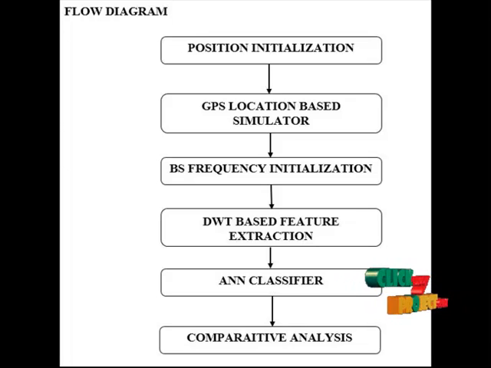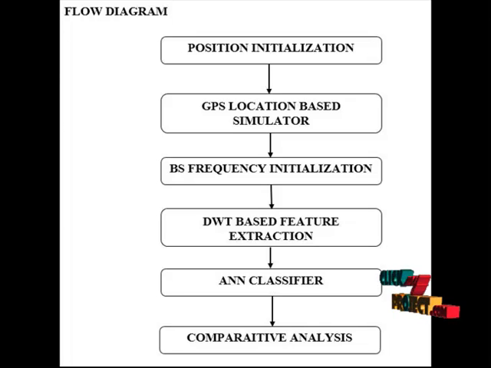After this positional initialization, the GPS location based simulator identifies the simulated performance of signal strength and signal estimation using various functions: postfix functions, batch postfix functions, and positional fix function. The function of executing the positional fix is done using the SGMP file.